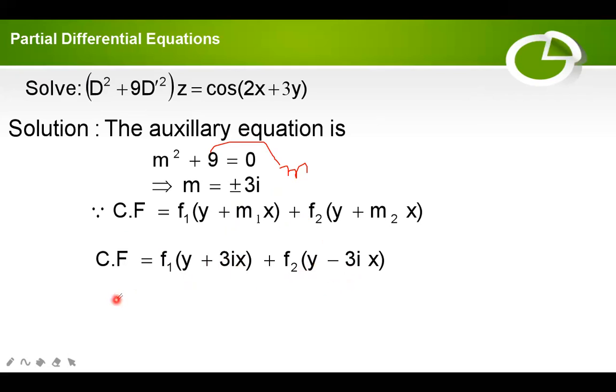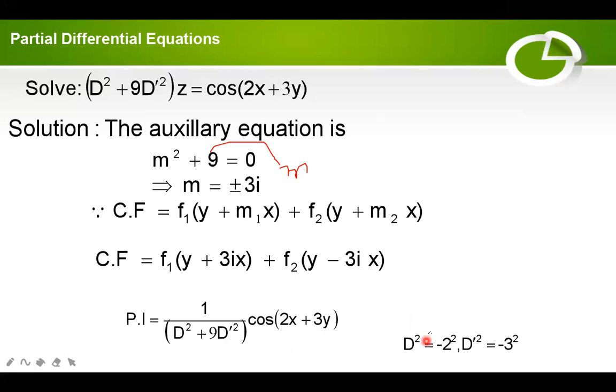For PI, PI equals 1 upon f of D, D dash, that is D square plus 9 D dash square. In this case we have to replace D square with minus a square. The value of a is 2, and D dash square is replaced by minus b square, that is minus 3 square, and DD dash is replaced by minus ab. But in this case there is no DD dash term, so we simply replace D square and D dash square.